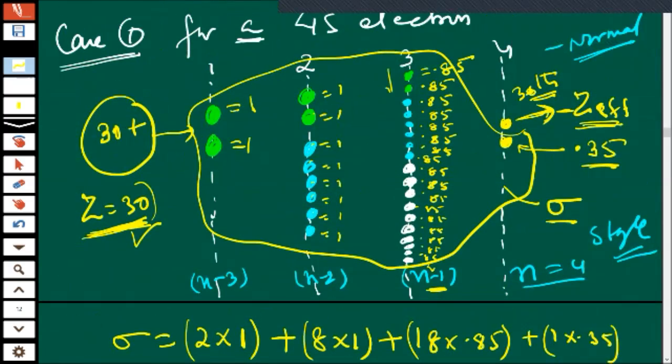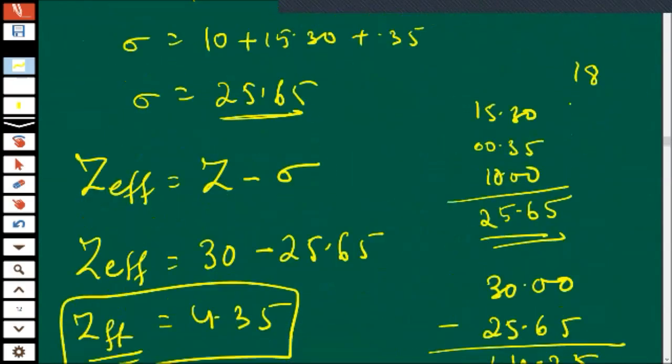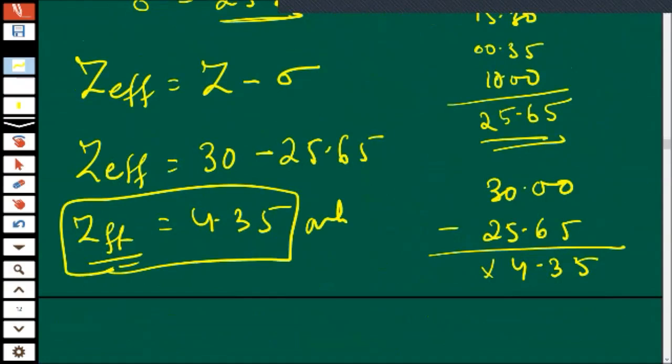This outermost electron is pulled towards the nucleus with 4.35 only. This is known as effective nuclear charge.